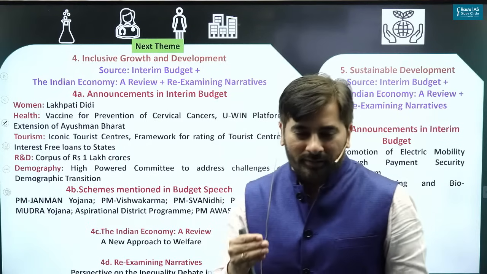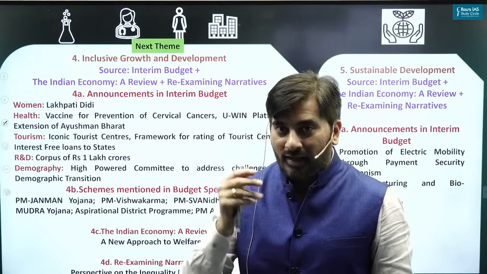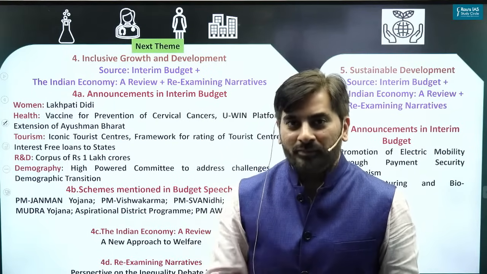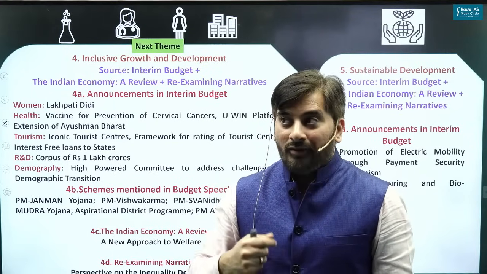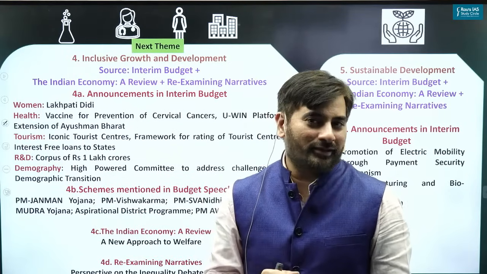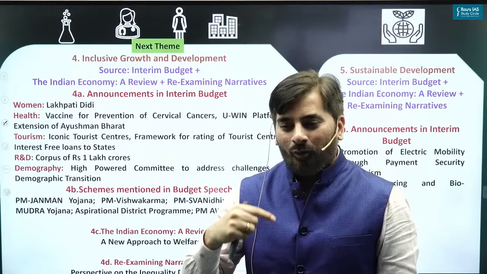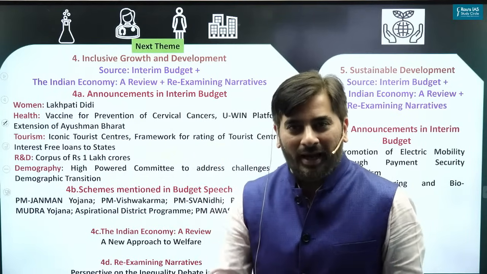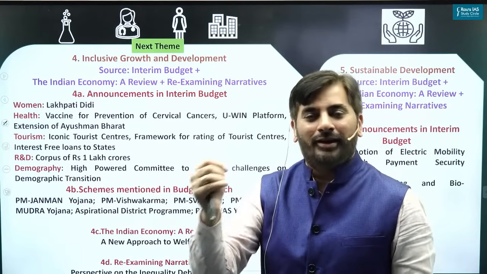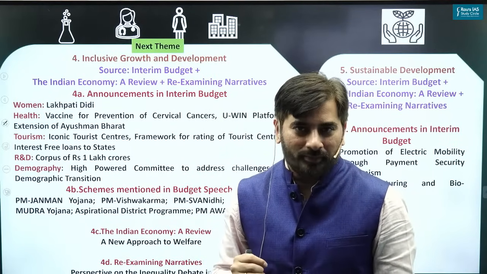This chapter basically tells us, number 1, what is the government's new approach to welfare? Number 2, how is the government's new approach to welfare different from the earlier approaches? And number 3, what is the positive impact of the new approach which the government has adopted for the welfare schemes and programs?